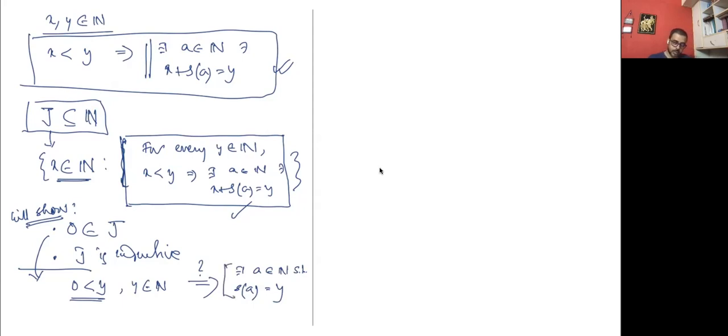So this is exactly this statement, right? I have just expanded it, written it out in detail. So this is something that we need to check.